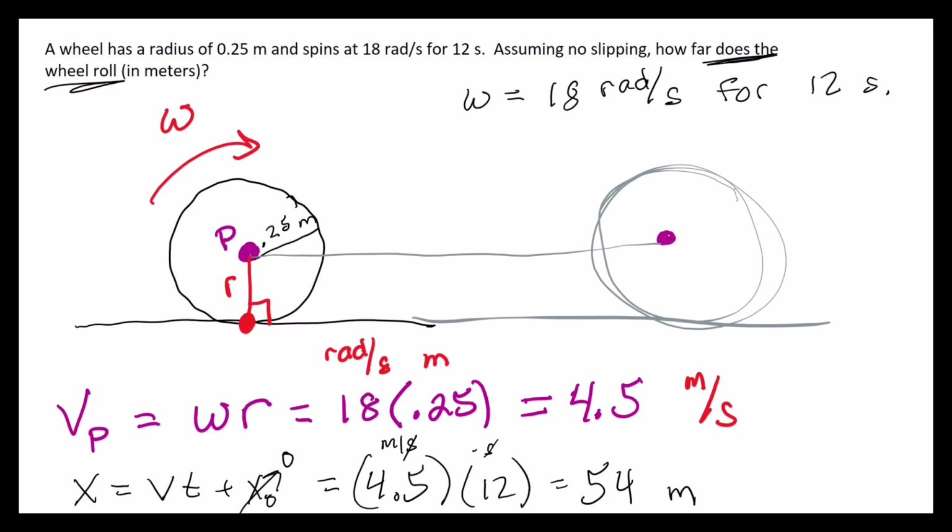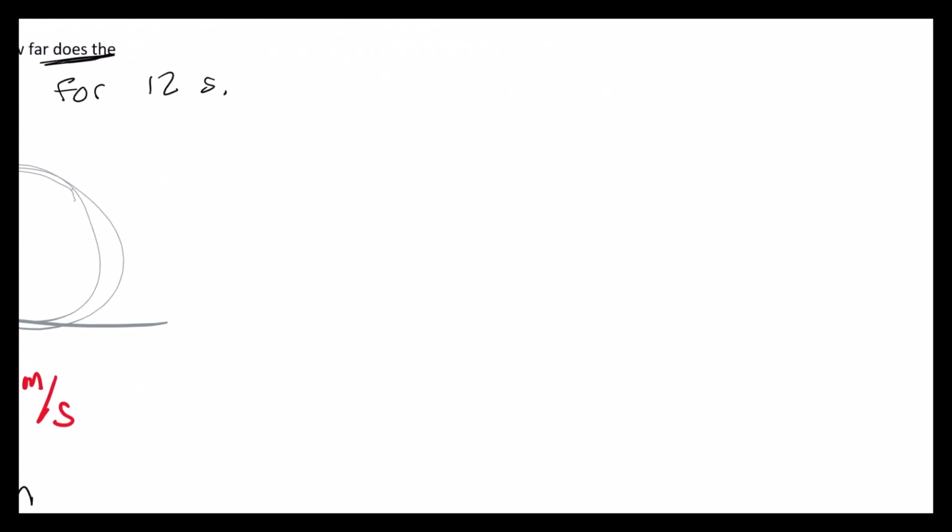Working these out shouldn't be too bad. Now, what if instead of giving us radians per second, it gave us revolutions? Sometimes we say after 3 revolutions, how far would it go?